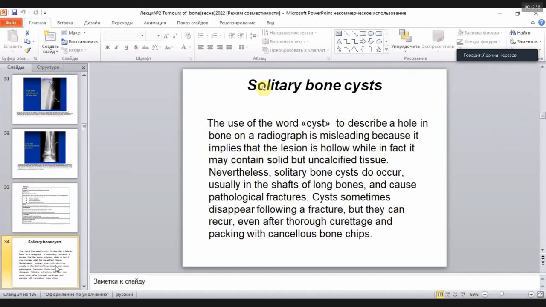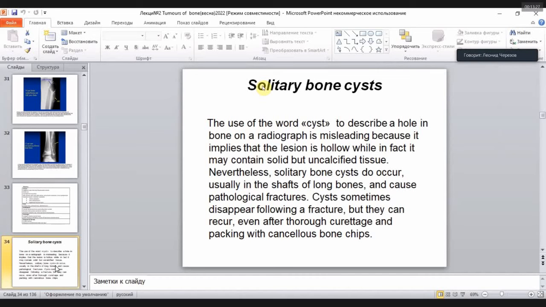Solitary bone cysts. The use of the word cyst to describe a hole in bone on the radiograph is misleading because it implies that the lesion is hollow, while in fact it may contain solid but uncalcified tissue.